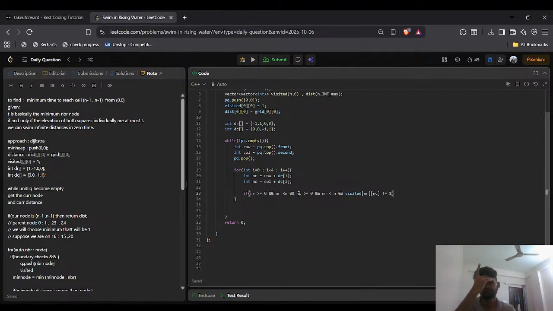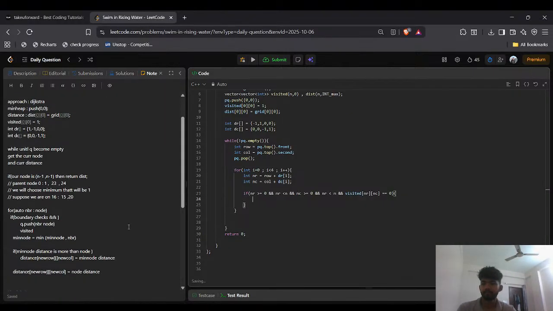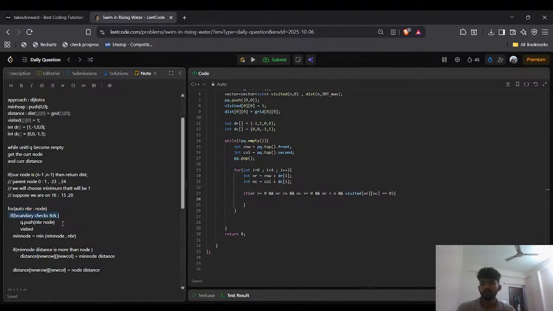I mean, it's not visited now. Or we can simply say equals to 0. You know what we can actually do? Just leave it there. Now, we did the boundary check.